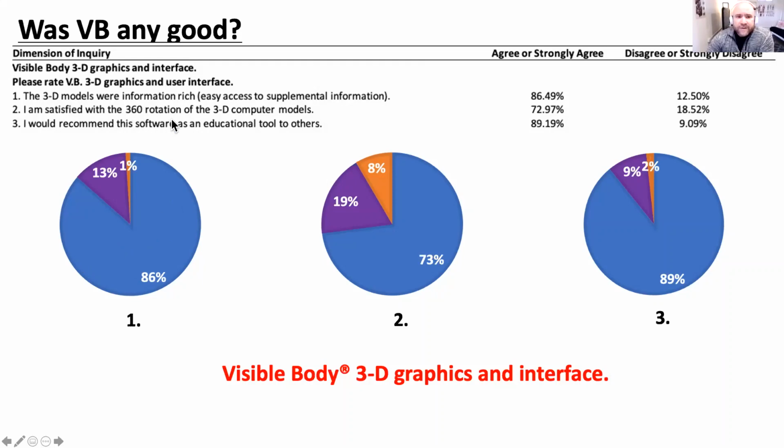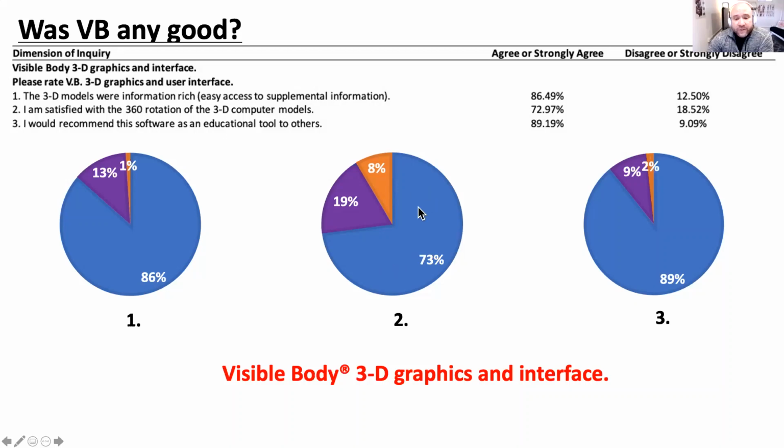Now, we did have some slightly lower agreement with some of the specific details. This issue came up early on in the semester with some of the rotation capabilities and the mouse pad tracking. So it was a little bit lower here in terms of manipulating the model with trackpads and the 360 degrees.